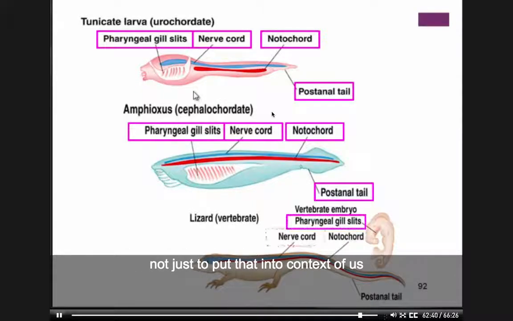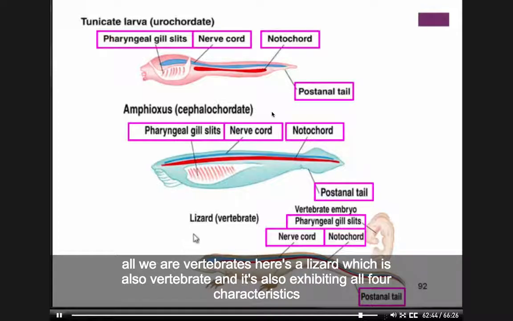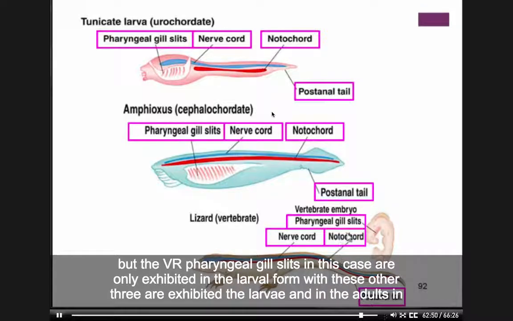Now, just to put that into context of us, we are vertebrates. Here's a lizard, which is also a vertebrate, and it's also exhibiting all 4 characteristics, but the pharyngeal gill slits, in this case, are only exhibited in the larval form, whereas these other 3 are exhibited in the larvae and in the adults.